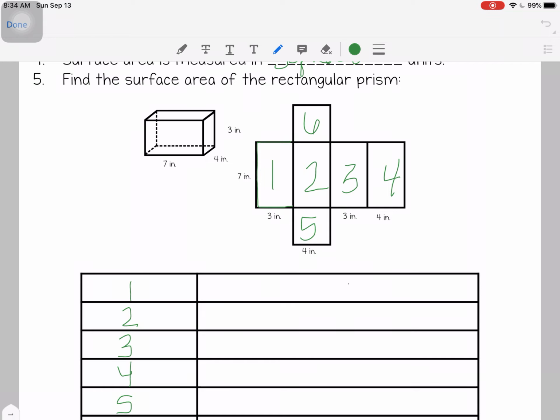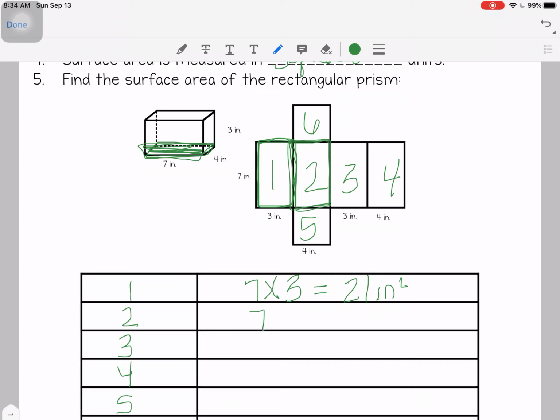So let's start with number 1. Number 1 is here, and on our prism it is the front side. It measures 7 by 3, which gives us 21 square inches. Number 2 is here on our net, and here on our rectangular prism, the bottom one.